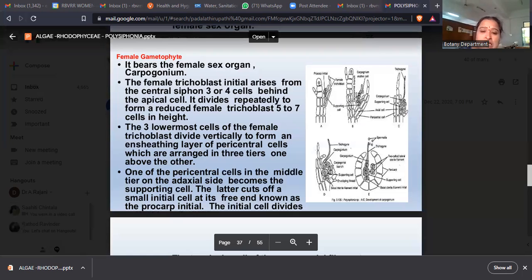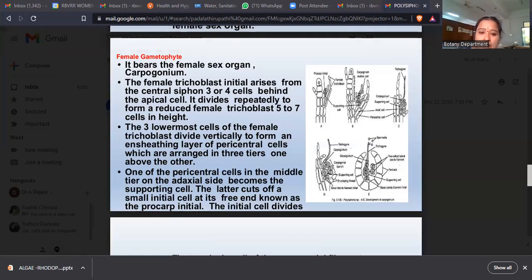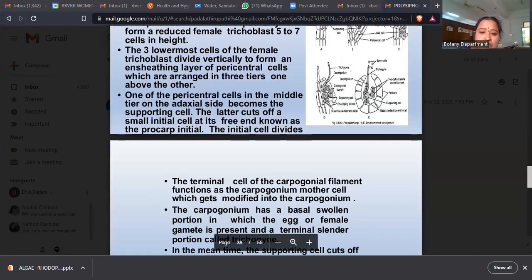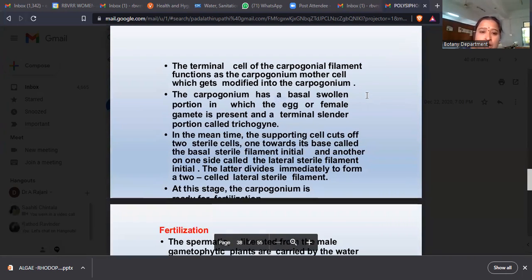One of the pericentral cells in the middle tier on the adaxial side becomes the supporting cell. The lateral cut of the small initial cell is free and known as the procarp initial. This initial divides into the carpogonia.